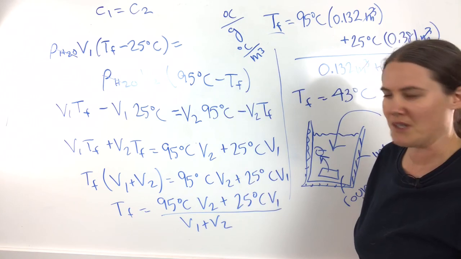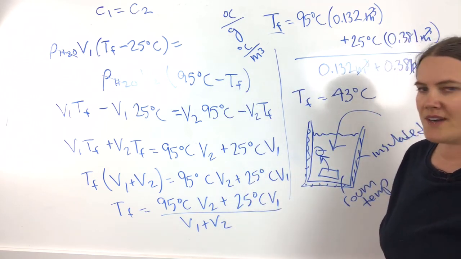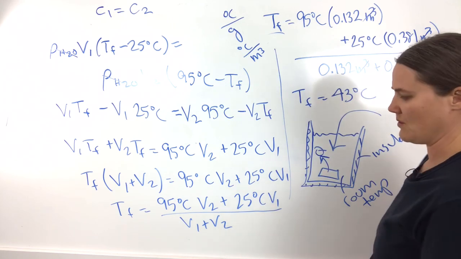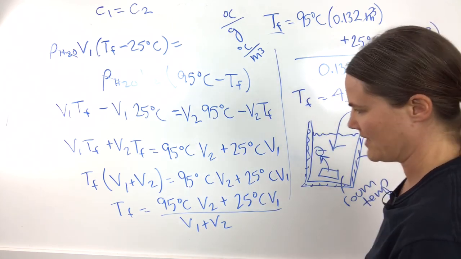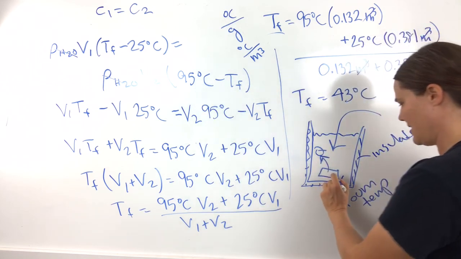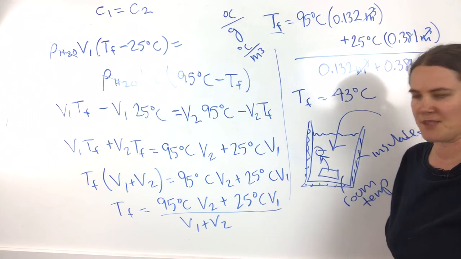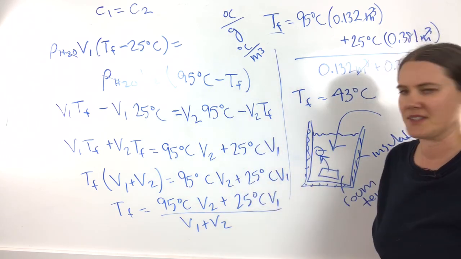It would just look a little bit different because you're looking at metal and water, and so first of all, your specific heat wouldn't cancel out because each of these materials has a different specific heat. But going through and setting up the problem is still the same process.